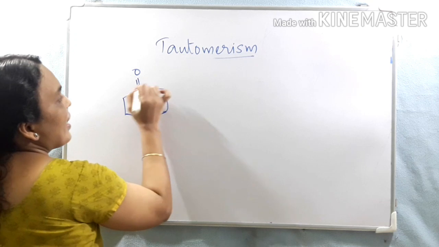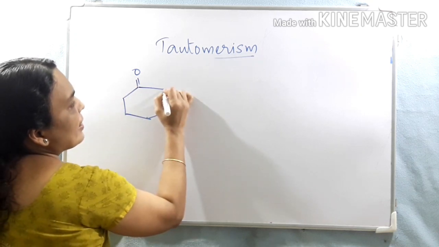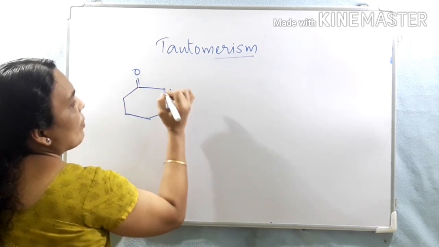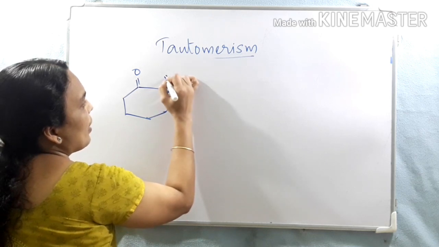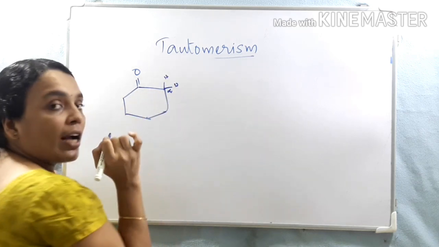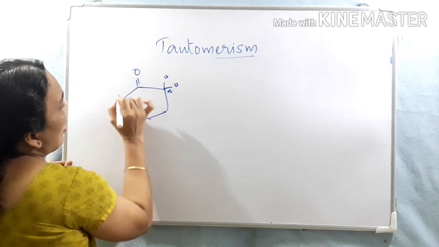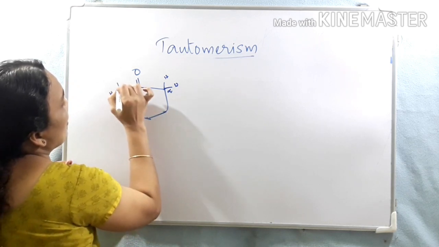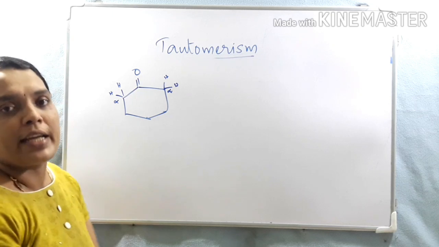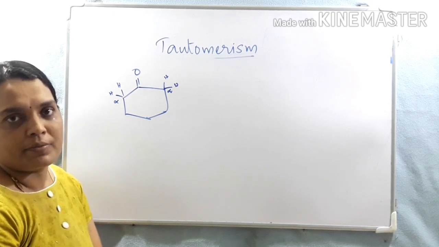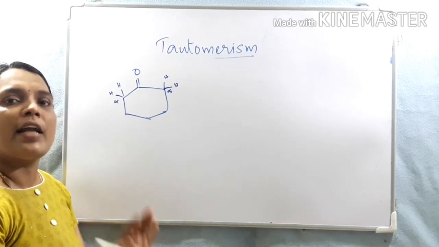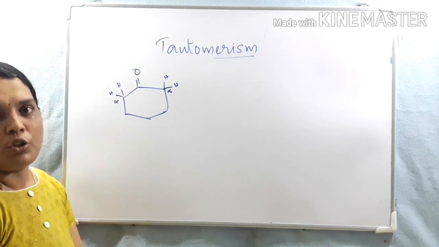Here, this is a keto form and this is an alpha carbon, and here two hydrogens are present and this alpha carbon is sp3 hybridized, as well as this is also an alpha carbon, here also two hydrogens are present and here also an sp3 hybridized carbon. So that is why it can undergo keto-enol tautomerism.